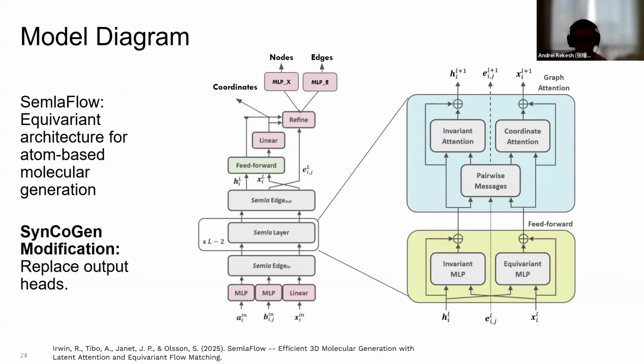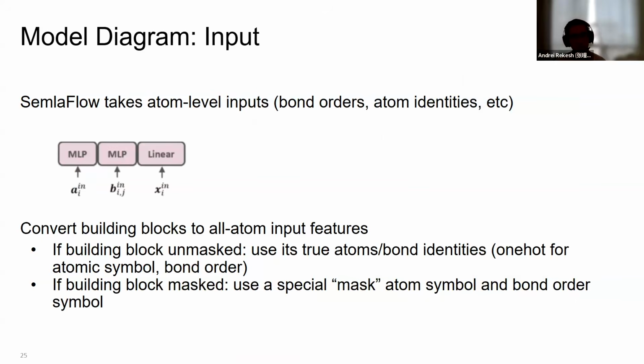What you might notice, input and output wise, is that we don't actually change the inputs. We still feed information to the model at the individual atom level and the individual bond level. The reason is that it's pretty simple to broadcast your building block information to atom information. Like I was mentioning earlier in the diagram, you can have an index or a special token for masked atoms or masked individual bonds between atoms.